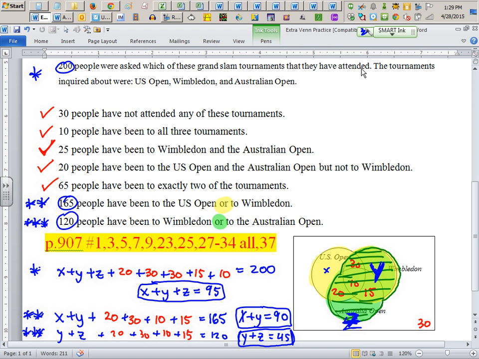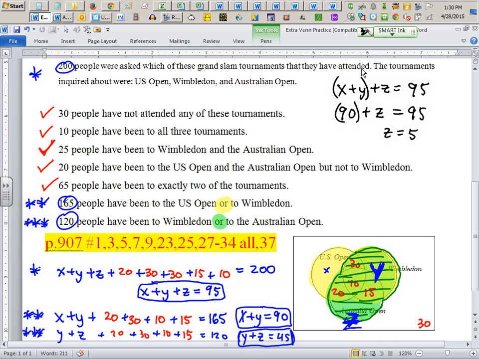Okay, so the rest of this is actually pretty easy. You know that x and y add up to 90. So I'm going to go to the top of the board now. Since x plus y plus z is 95, and since x plus y is 90, you could just substitute that in, and you learn that z is 5.